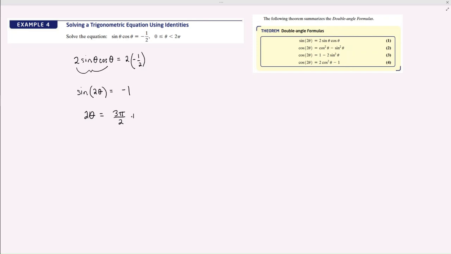And then remember that it's true for every period from that point on. So if I add a full rotation to that, so where k is an integer. Okay, and the only issue now is that I want to know what theta is, not what 2 theta is.